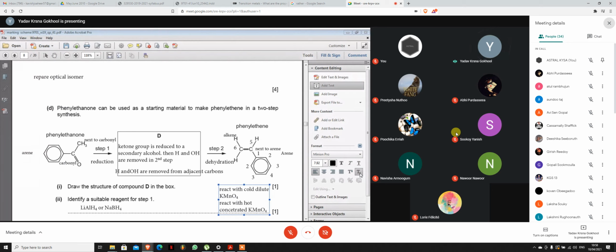Please work these out. Okay, work these two out. For the cold dilute KMnO4, you're going to get a diol. Hot concentrated, the double bond is going to cleave. On one side, you're going to get carbon dioxide and water, and on the other side, you're going to get benzoic acid. Okay, you're going to get benzoic acid because this is going to become COOH, which is going to become benzoic acid.